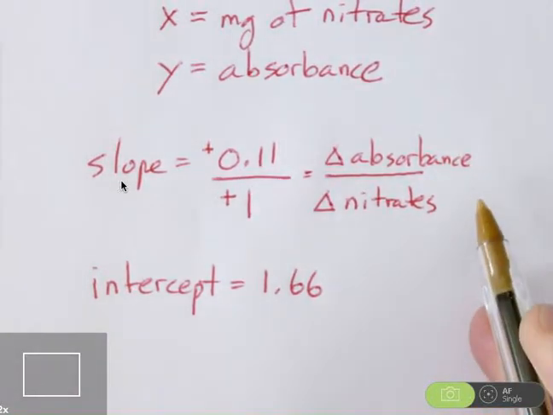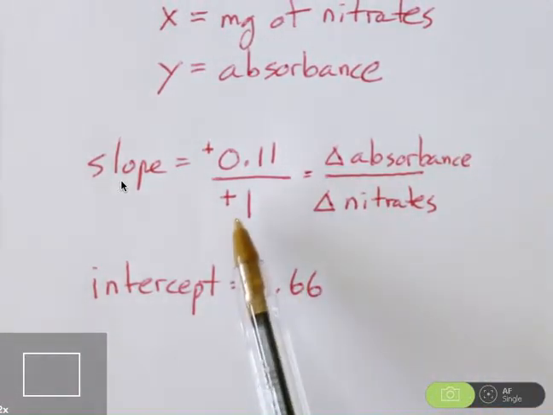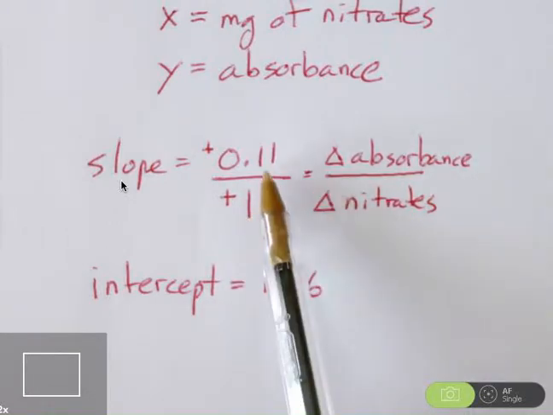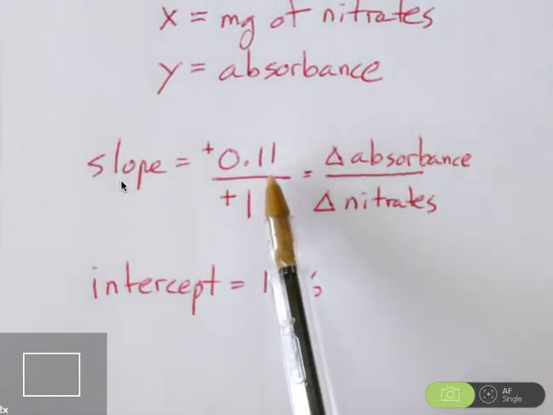So if I were to write this out carefully, for a 1 unit increase, so 1 additional milligram of nitrate leads to a 0.11 increase in absorbance.